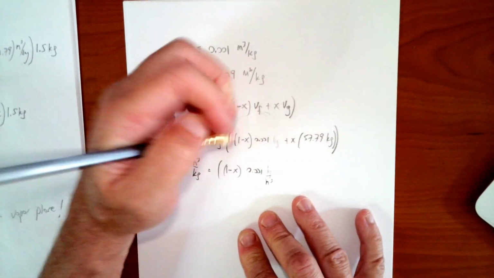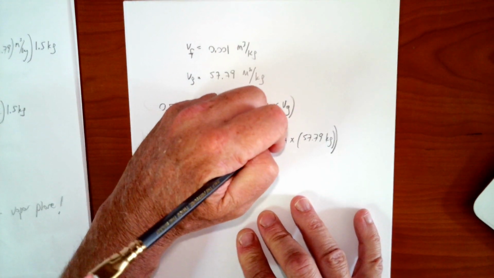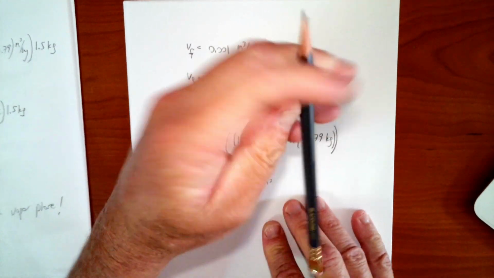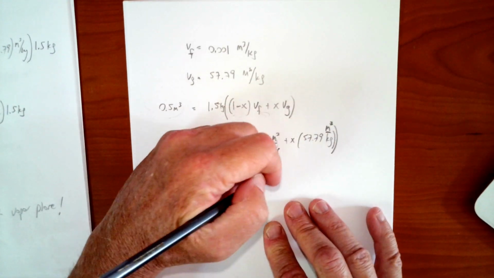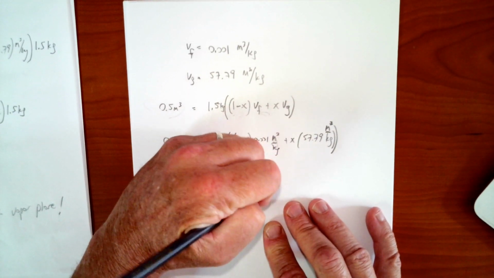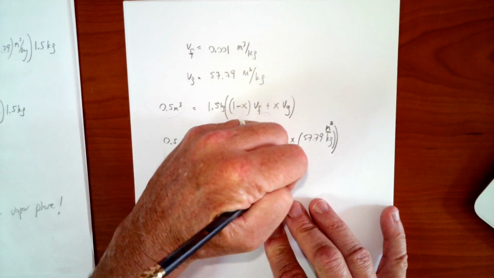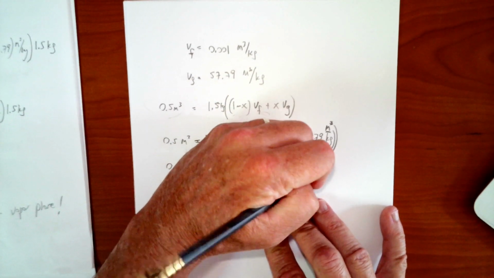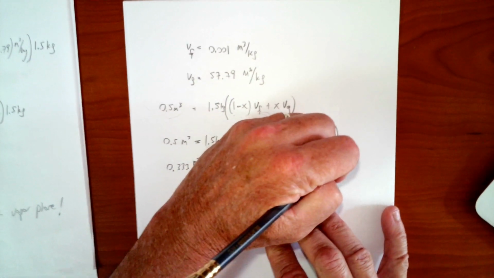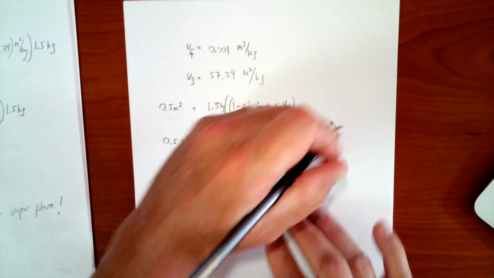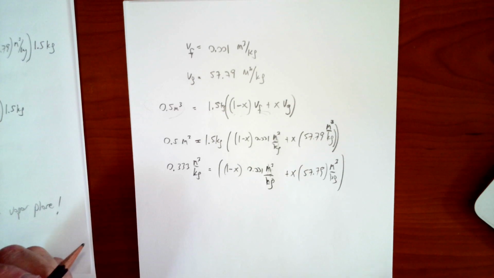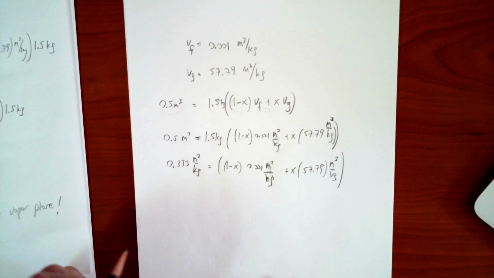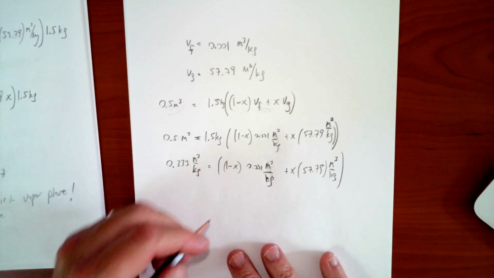This is not kilograms here, this is meters cubed per kilogram, and this is meters cubed per kilogram. My bad. Plus X times 57.79 meters cubed per kilogram. Obviously, all those units check and match each other. Now we're just solving for X. X is unitless, it's just a mass fraction.